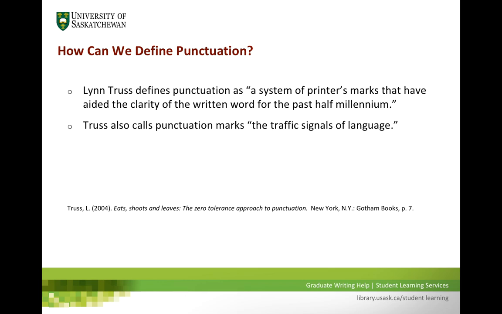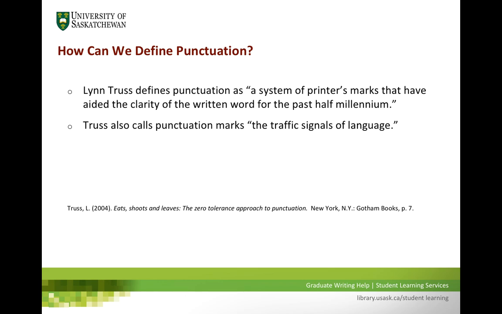And Truss also calls punctuation marks the traffic signals of language. And she's using this term traffic signals to explain that punctuation marks signal to the reader when they're supposed to pause, when they're supposed to go right through, say go right through the green light, when they're supposed to stop.